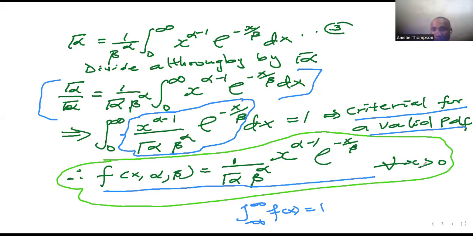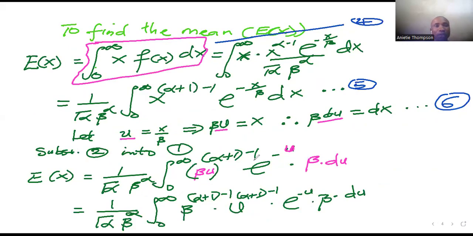For all x that is greater than 0, meaning all values of x must be greater than 0. So we obtain our first objective, meaning that the PDF of the gamma distribution is 1 upon gamma of alpha, beta raised to the power of alpha, x raised to the power of alpha minus 1, exponential minus x upon beta. Okay. All right.